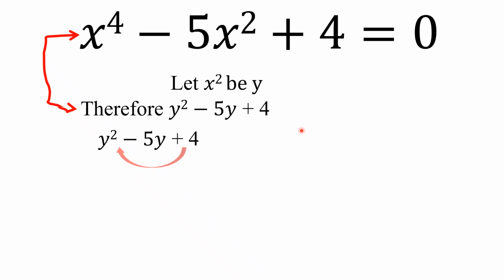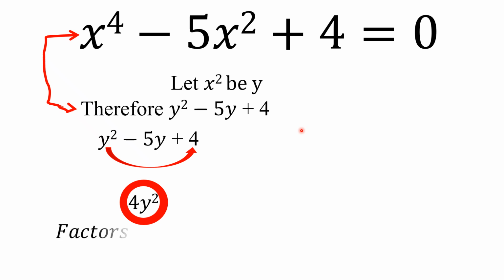So we multiply the first term in the expression and the last. The answer would be 4y squared. We find the factors which when multiplied give us 4y squared, but when added give us minus 5y. So the factors are minus y and minus 4y.